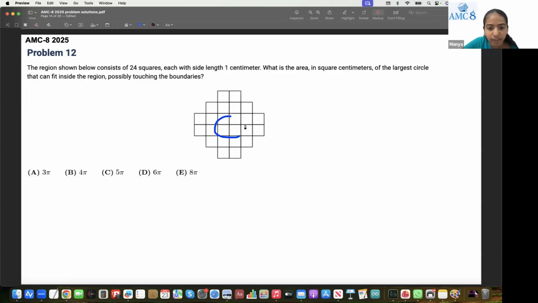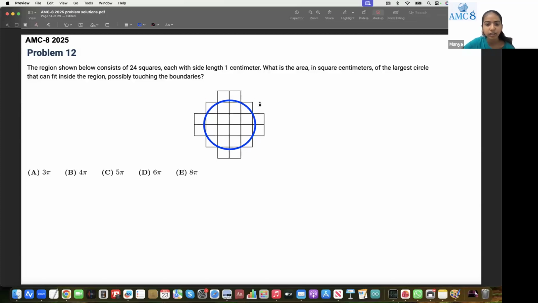Let me draw a better circle here. Okay, so we have a shape something like this. Okay, and this is touching the boundaries here. This shape is touching the boundaries over here, or the majority of that. And this shape is pretty close to a circle. Okay?